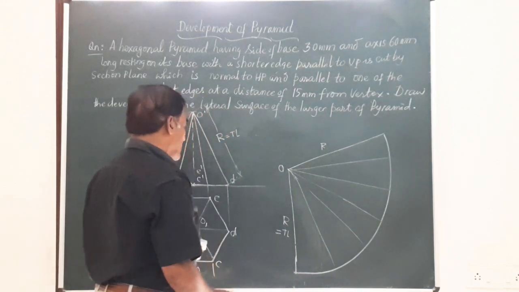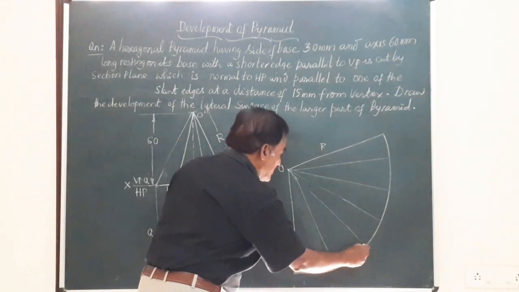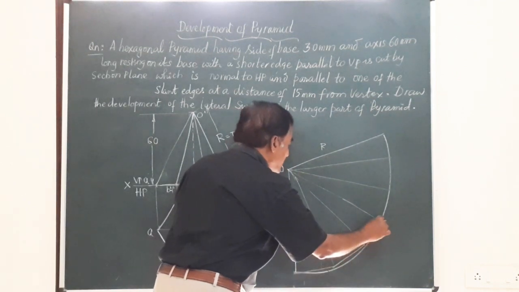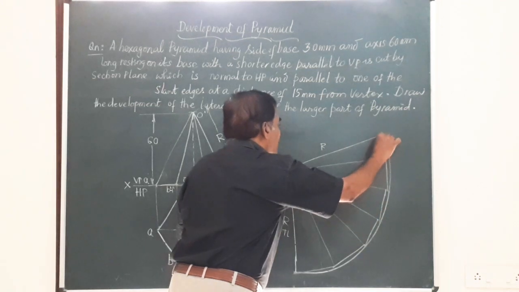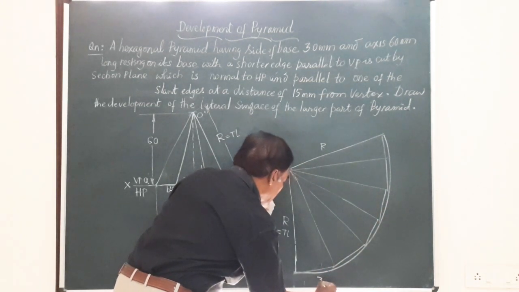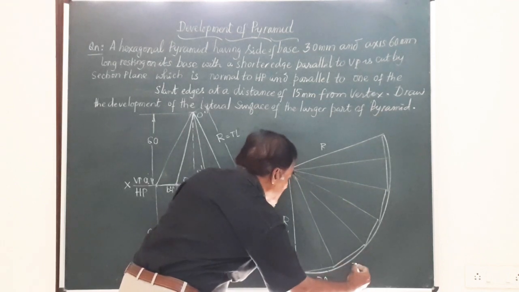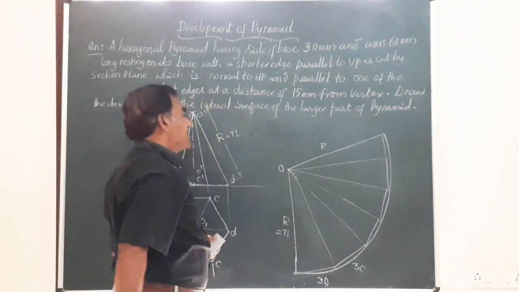Here, all the base edges will be straight. I will just mark them by straight edges, because all the pyramids will have straight edges for the base. So I have simply drawn like this. Remember, all the edges of the base are of length 30 mm each. 30, 30, 30, all are equal.